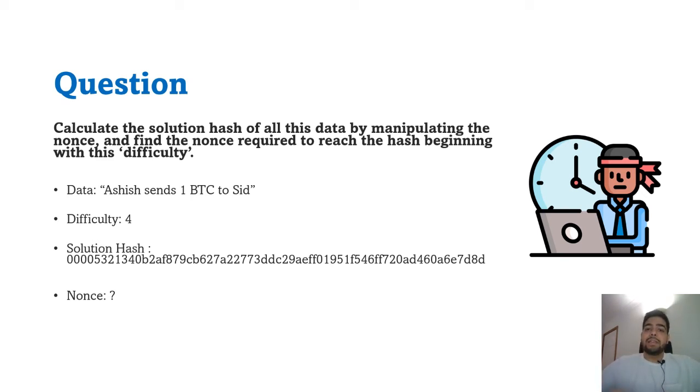So if 0 as a nonce does not give the output of a hash that has 4 zeros in the front, that nonce is not the right nonce. So the computer will increase the nonce from 0 to 1, then repeat the process again, and it will keep doing this till it finds a solution hash that has 4 zeros in the front, and these 4 zeros is the difficulty.